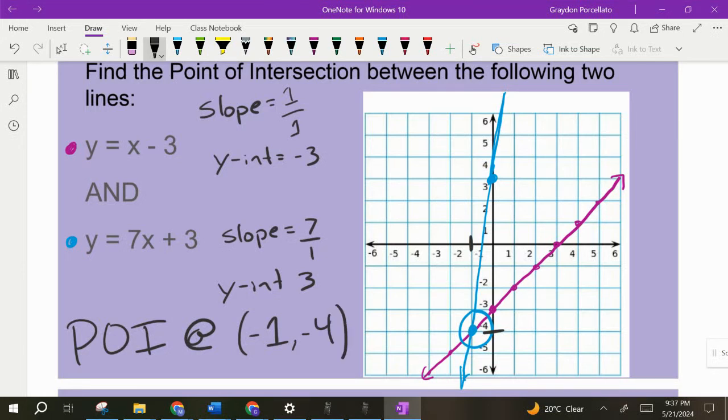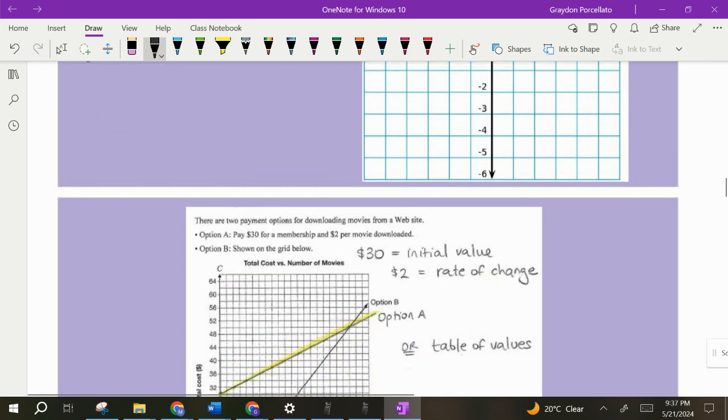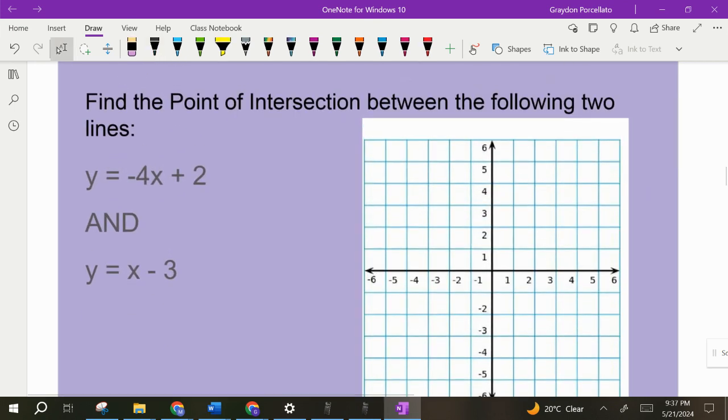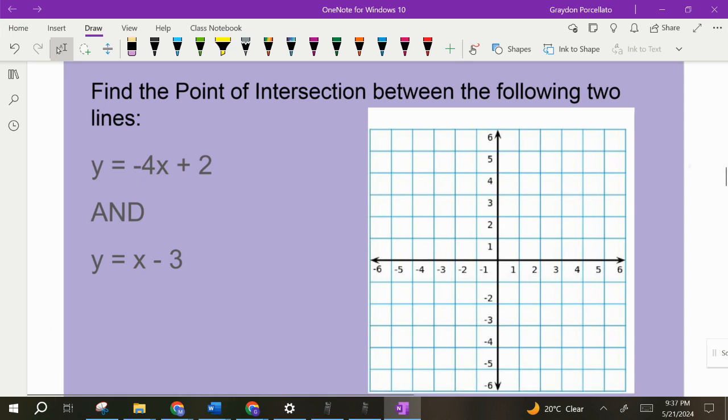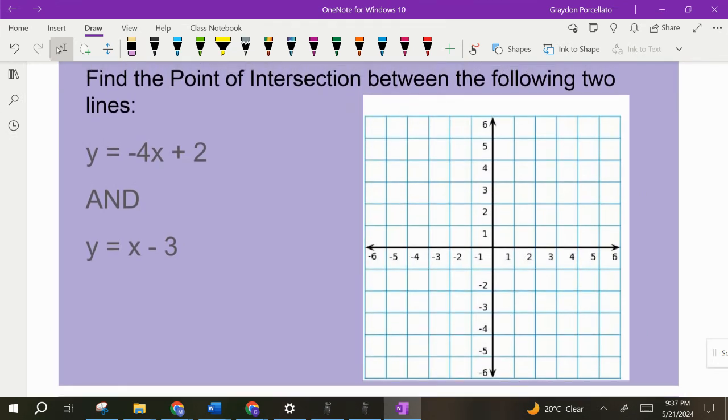Let's try, I think I got one more. Yeah, one more. Okay. So this one says find the point of intersection between the following two. So again, let's pause the video. Okay, hopefully you got that paused, tried it out, figured out some points of intersection, and we'll try this now.